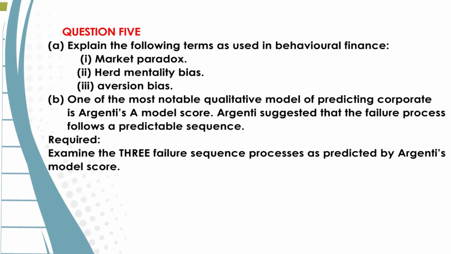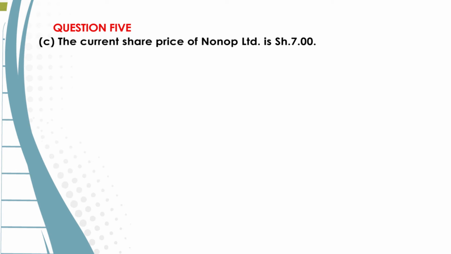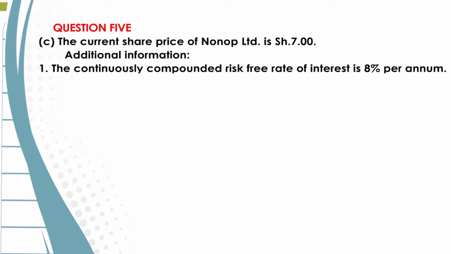Now let's move on to part C of the question. It reads, the current share price of Non-Op Limited is 7 shillings. Additional information number 1, the continuously compounded risk-free rate of interest is 8% per annum.